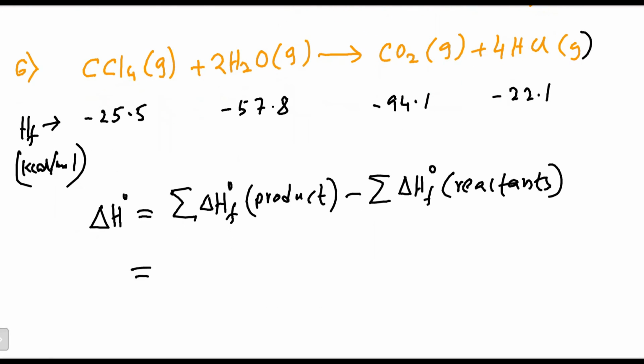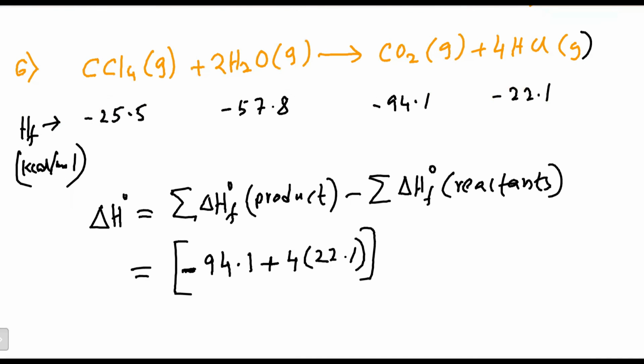For the products, CO2 is 1, so minus 94.1, plus 4 HCl molecules, so 4 into minus 22.1.